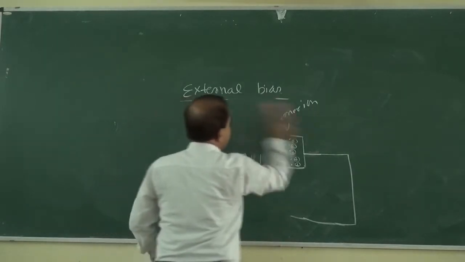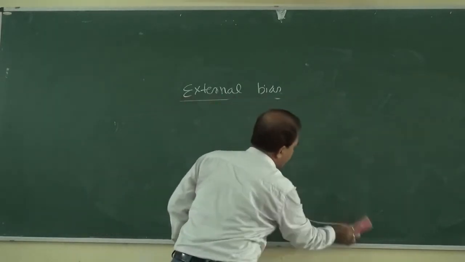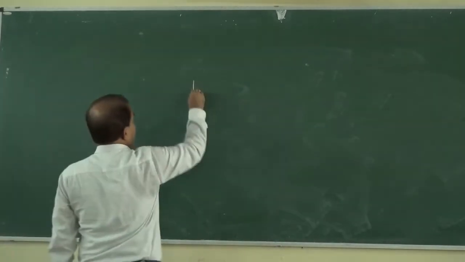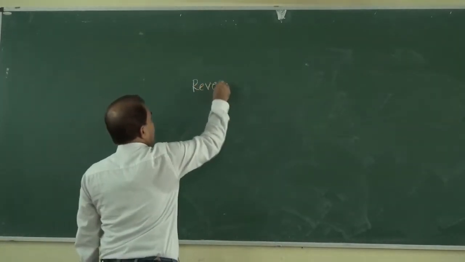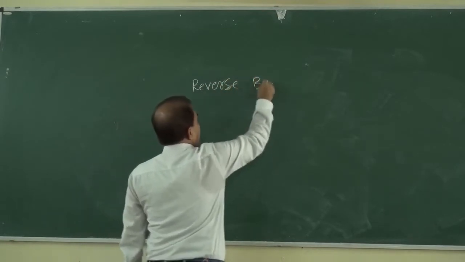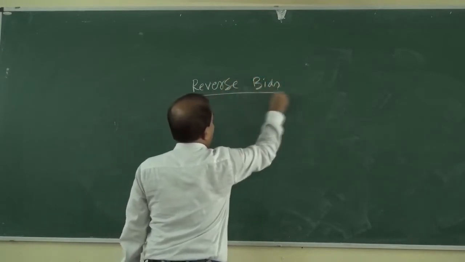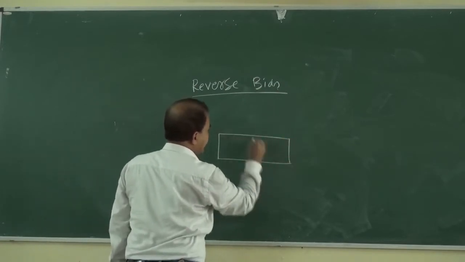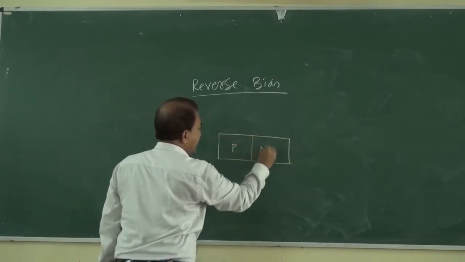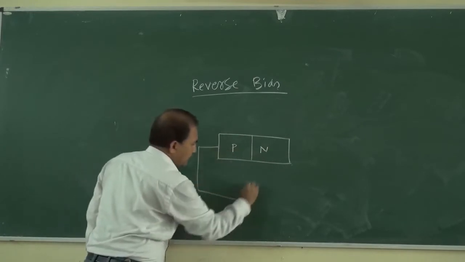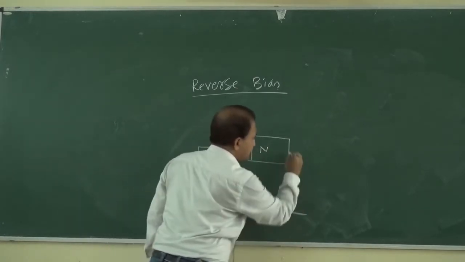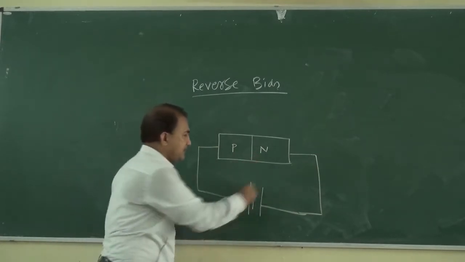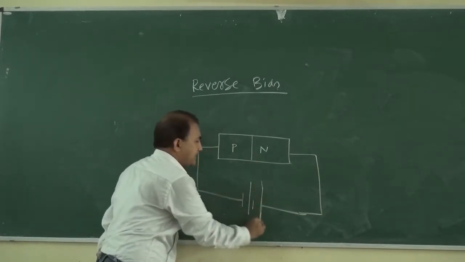Then in reverse bias, what happens? Reverse bias means the P type is connected to the negative terminal of the external battery and the N type is connected to the positive terminal of the external battery.